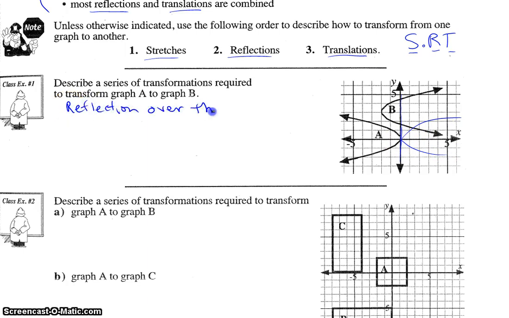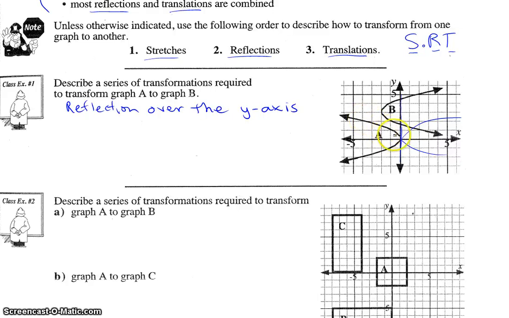Now last transformation, translations. We need to figure out how far this graph, the reflected graph, mind you, moved. You always have to do the stretches and reflections on the original graph before you determine what the translations would be.